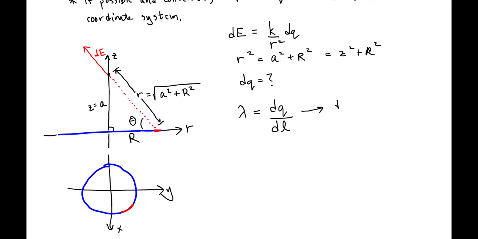Let's rearrange this so we could express dq in terms of lambda, our constant charge density, and the tiny length of charge that we have. Well, that tiny length of charge comes from the dq here, and let me label my picture. Here is our dq, and our tiny length of charge is this right here. I will call this dl.